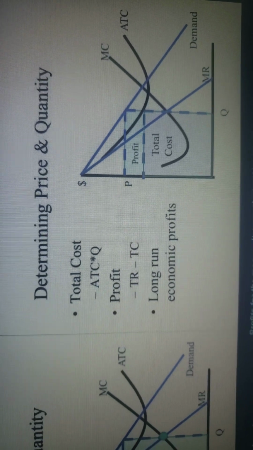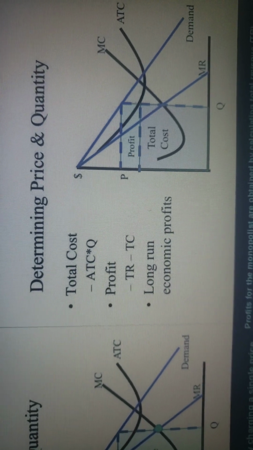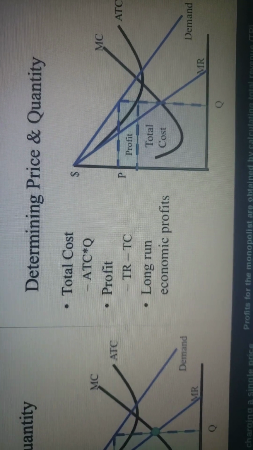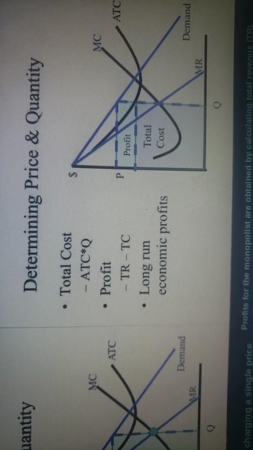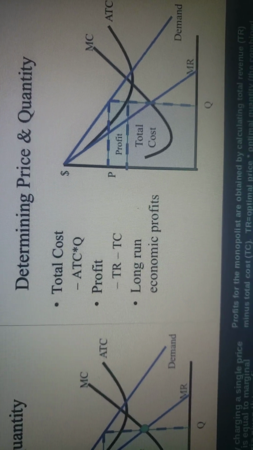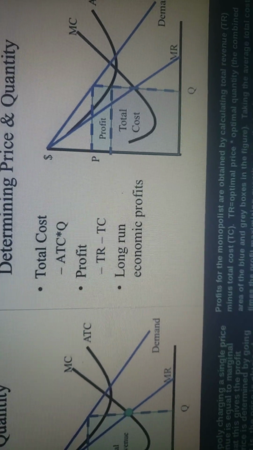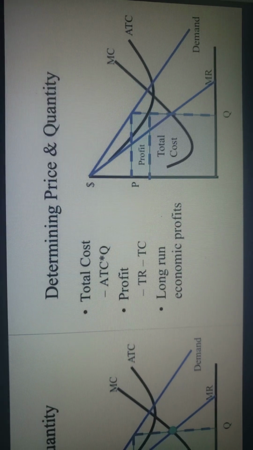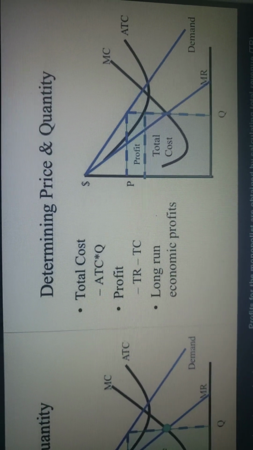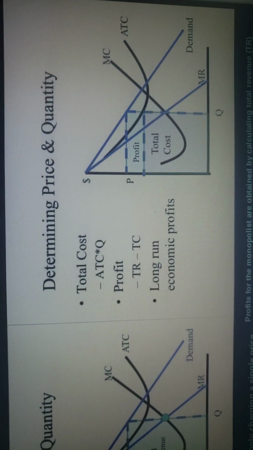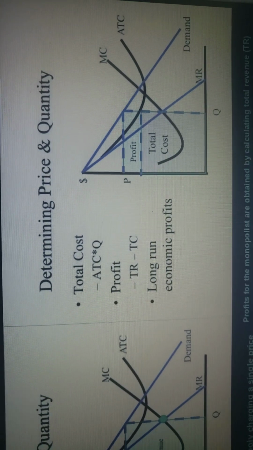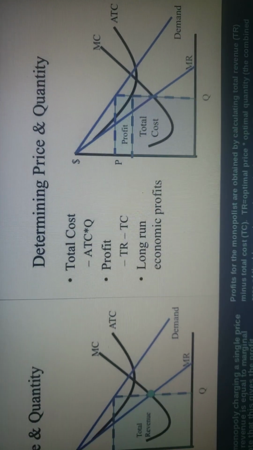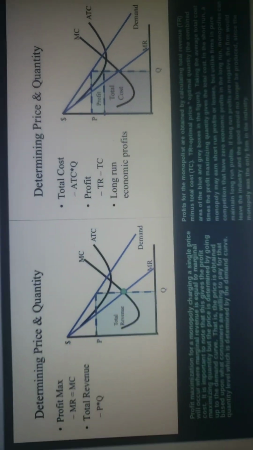In the short run, a monopoly may earn short-run profits or losses, but unlike firms in pure competition that have zero economic profits in the long run, monopolies can maintain long-run profits. If long-run profits are negative, the firm would leave the industry and the good will no longer be produced, since the monopoly is the only firm in the industry.